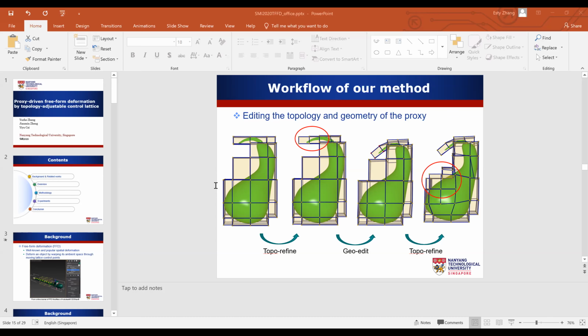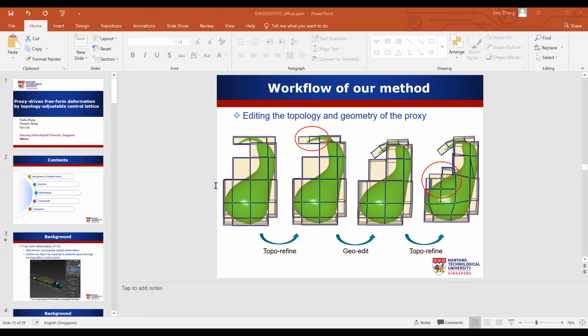I was also wondering, why did you use T-spline volumes and not just simple B-spline volumes? Okay. T-splines provide two properties.